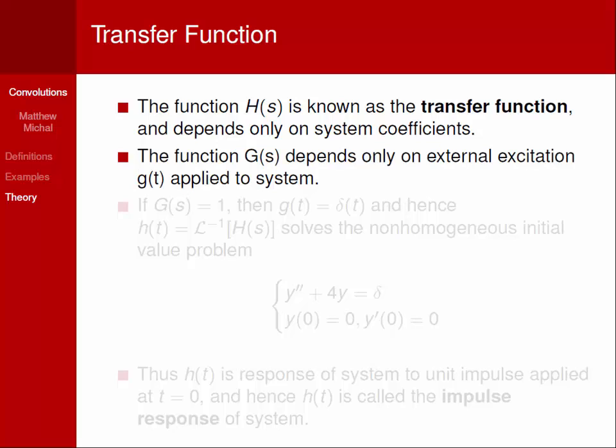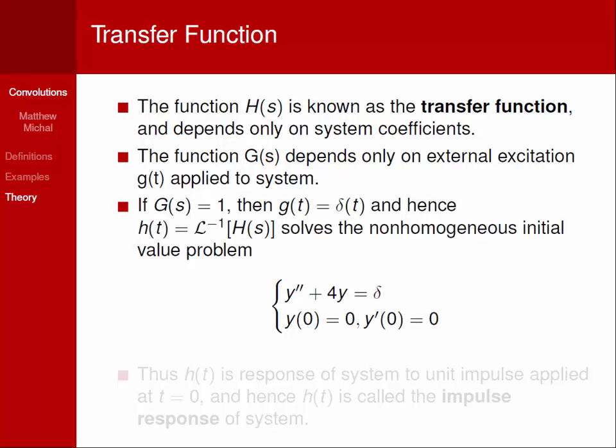And the G(s) is some external force. It's your forcing term. And so your H(s) and your G(s), when multiplied together, start giving us a hint of what that transfer function is.